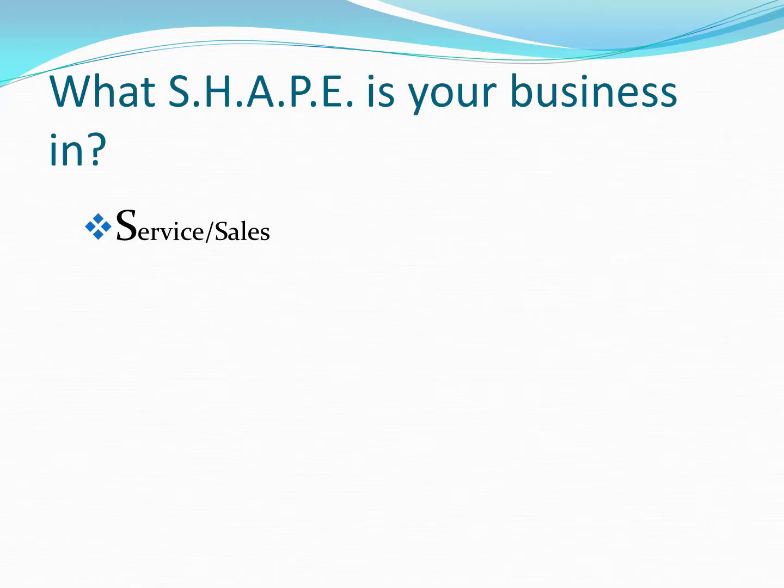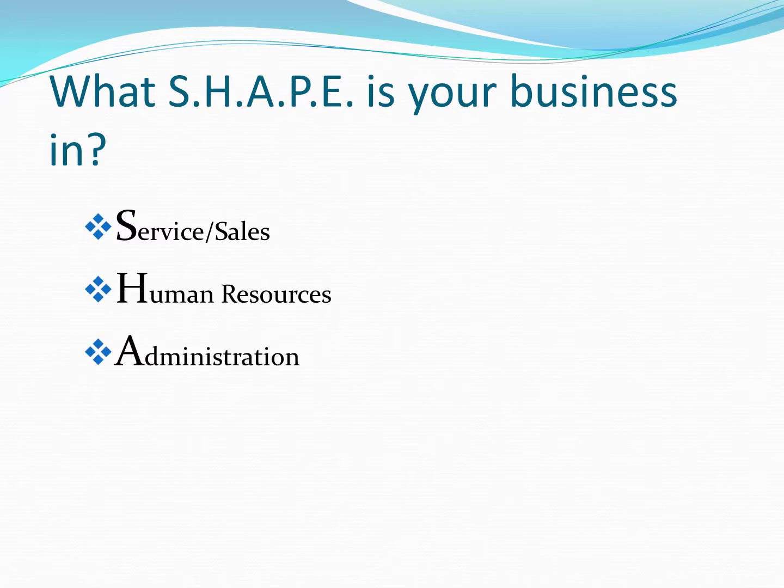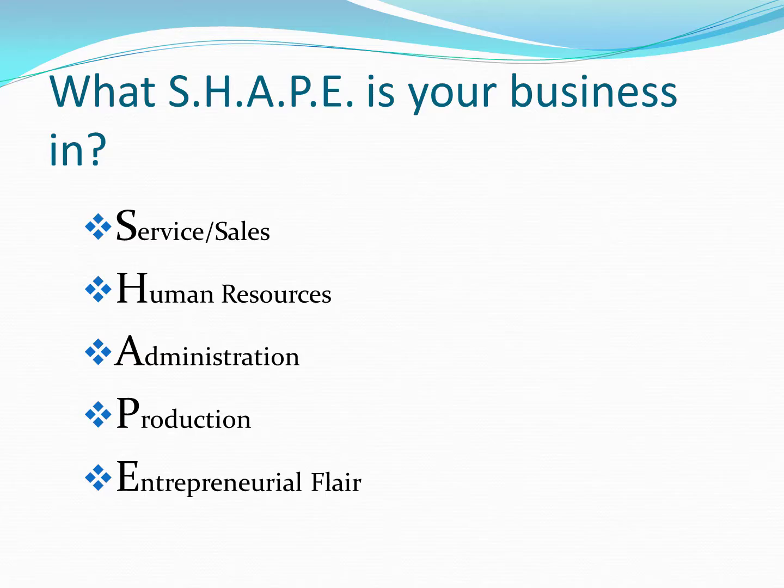But just to quickly recap on what we looked at previously, the SHAPE stands for Sales and Service, Human Resources, not necessarily management, but about the people. It's about A for administration, P for production, and E is for entrepreneurial flair.